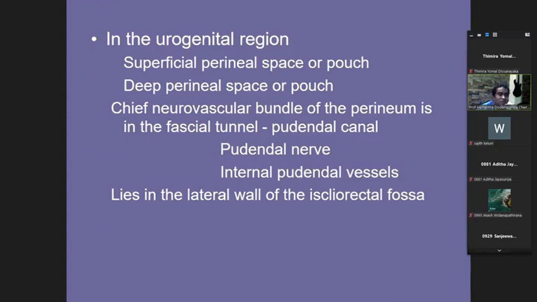Look at this urogenital region, superficial perineal space of the pouch and deep perineal space of the pouch. The chief neurovascular bundle of the perineum is in the fascial tunnel. That's called the pudendal canal. The pudendal nerve is the chief nerve which supplies the vagina. All your exotic sensations, women and all their sexuality, is brought by the pudendal nerve.